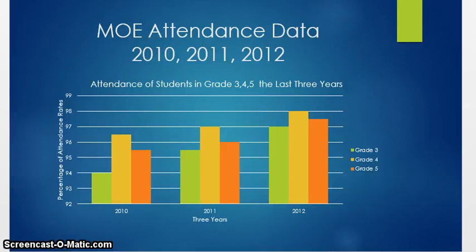The most positive result would be the 90% attendance by students in grade 4 just the previous year. Attendance does seem to improve all 3 years in grade 4, but then does drop off again in grade 5.